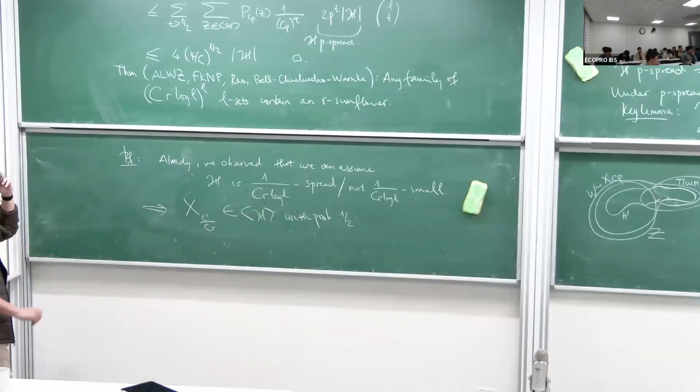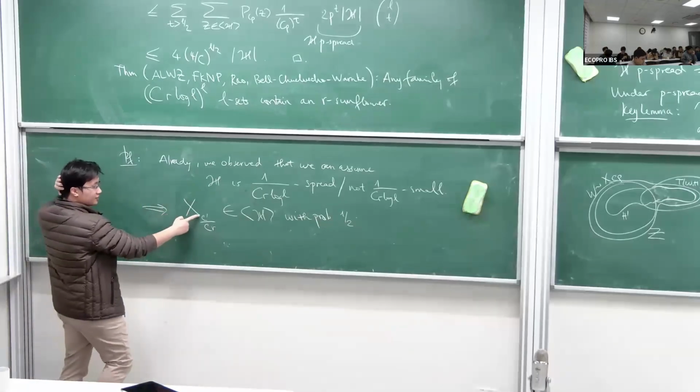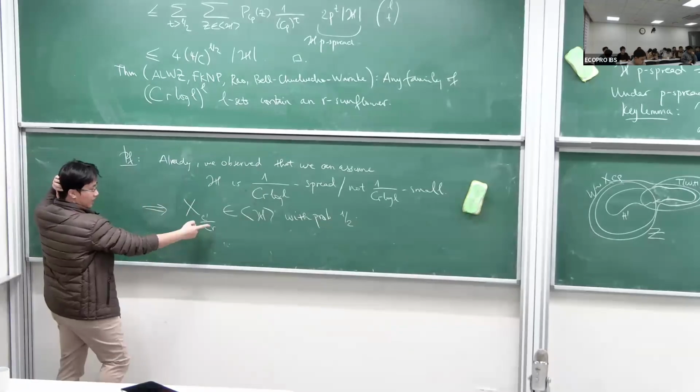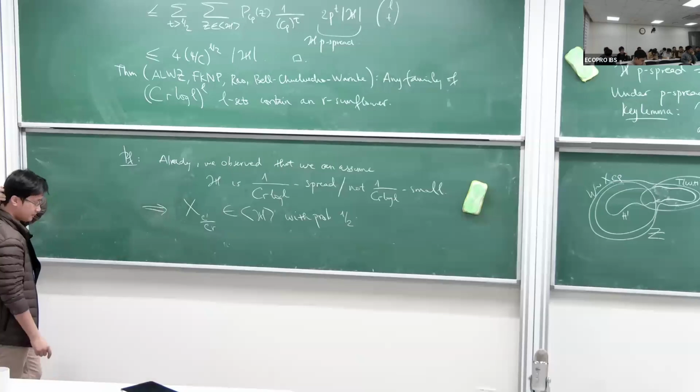In fact, even with high probability, if you assume L is large. So we have this set X with density C' over CR, and these sets will be lying in H with reasonable probability.